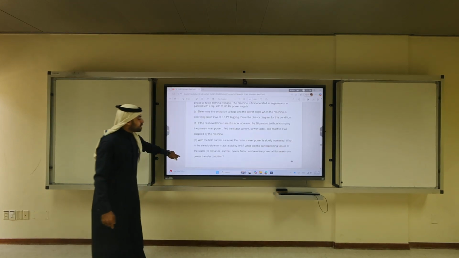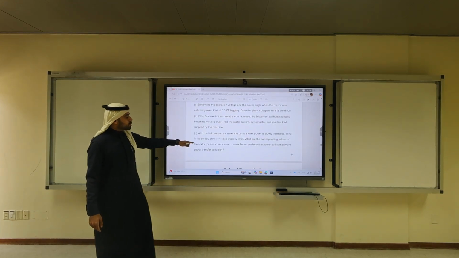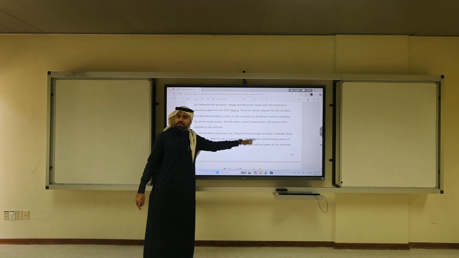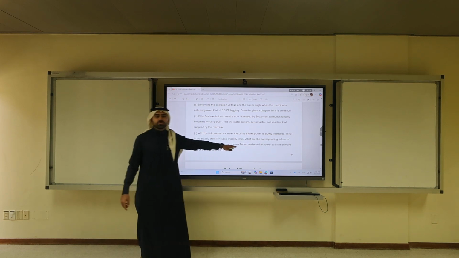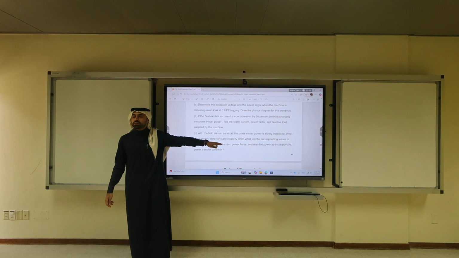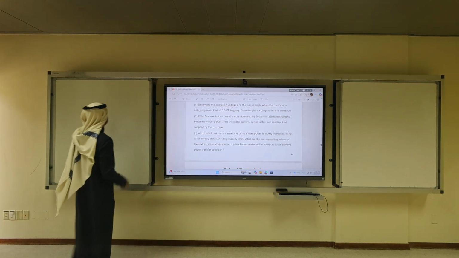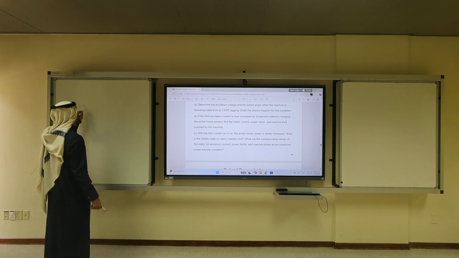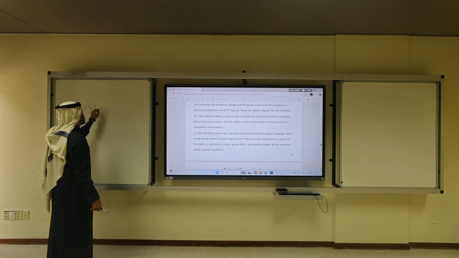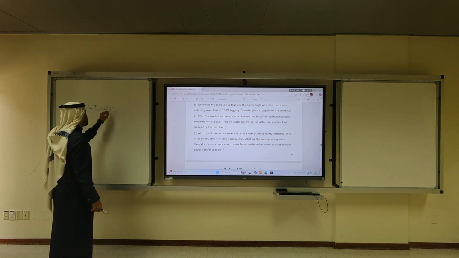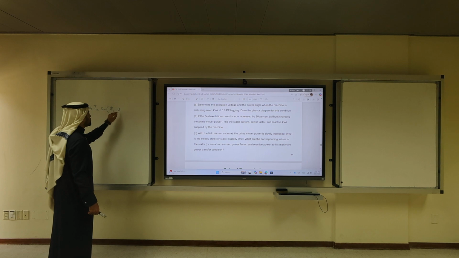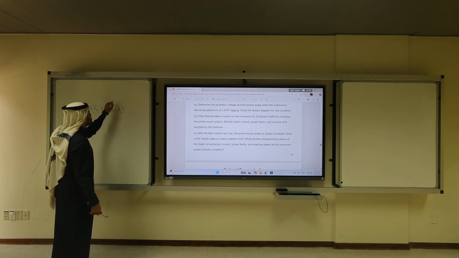Then it asked about the usual things: power factor, real power, reactive power. How many equations can we use to calculate the reactive power? We have two equations. The first equation is Q equal 3 V terminal times IA, everything per phase, sine of theta of V minus theta of IA, which, if you take VT as a reference, you can just write as minus theta of IA.